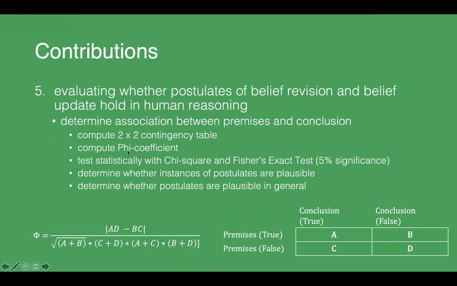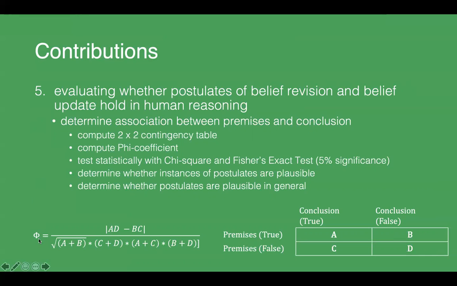The next step in determining this association is computing a measure called the phi coefficient. This produces a value between 0 and 1, indicating a strong relationship if the value is close to 1, and a weak relationship if the value is close to 0.